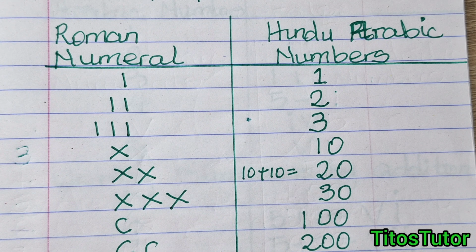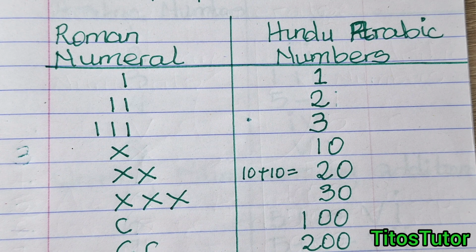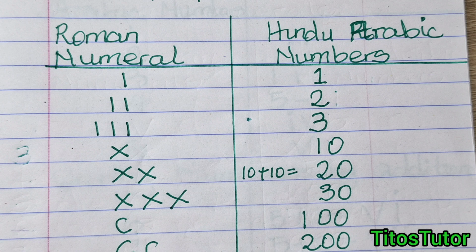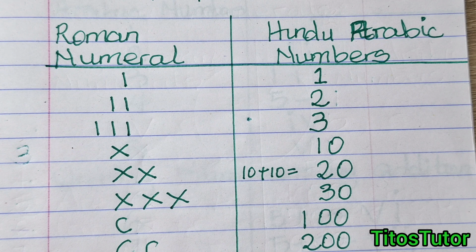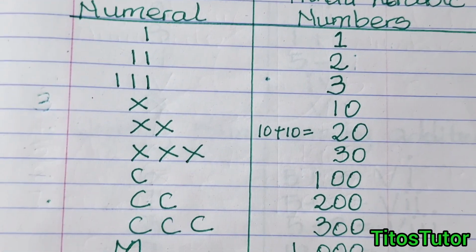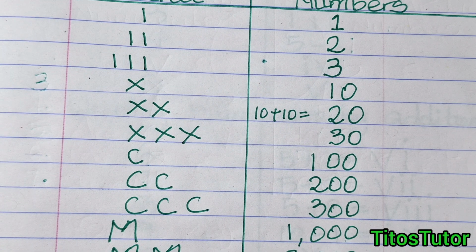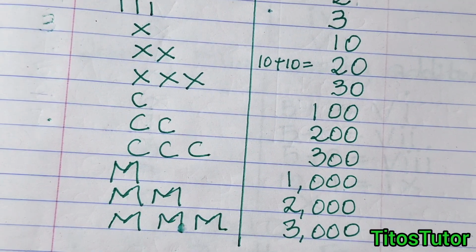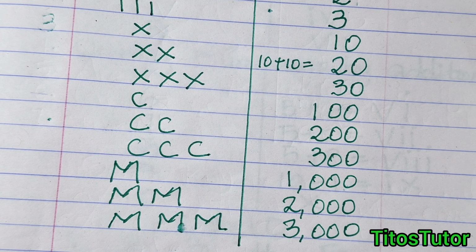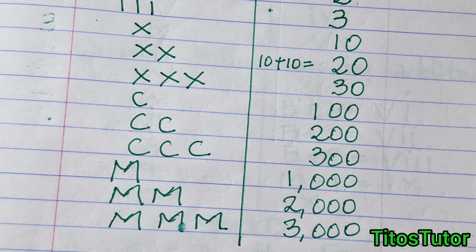XX means 10 plus 10, which is 20. XXX means 10 plus 10 plus 10, which is 30. C is 100, CC is 200, CCC is 300. M is 1000. Two M's, which is MM, is 2000. MMM makes 3000.